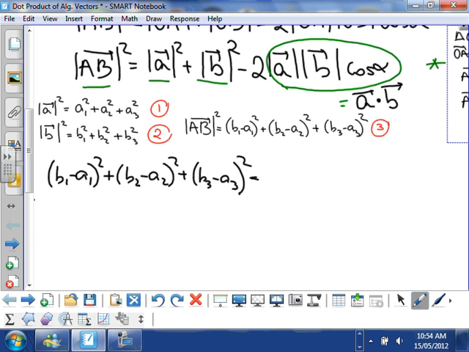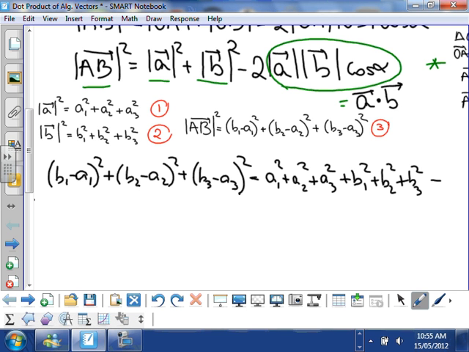That's given by expression number 1, so it's a1 squared plus a2 squared plus a3 squared plus magnitude of b squared, from expression number 2, b1 squared plus b2 squared plus b3 squared minus 2 times the dot product of a and b, exactly what I'm looking for.